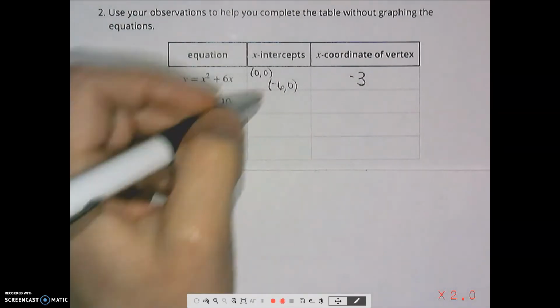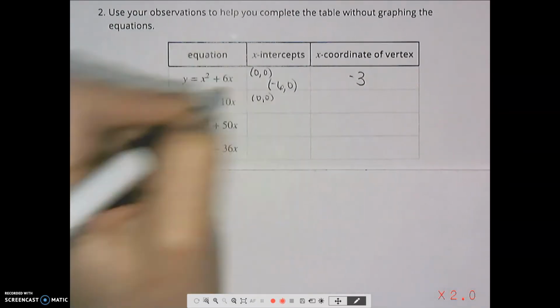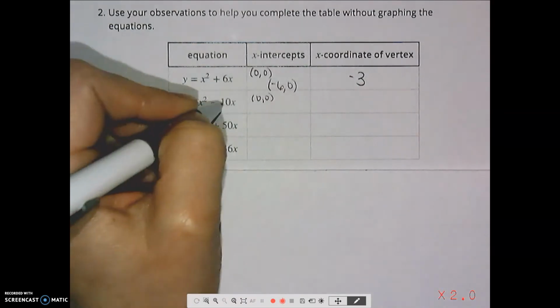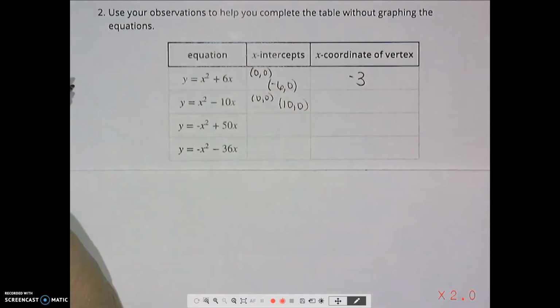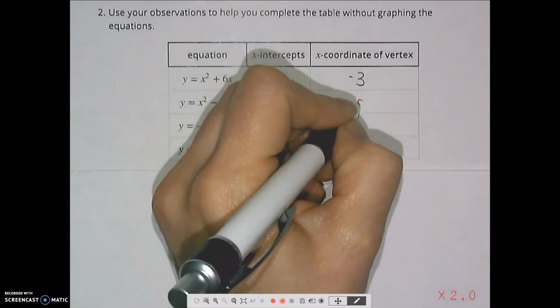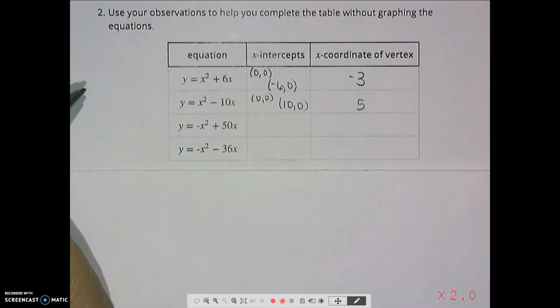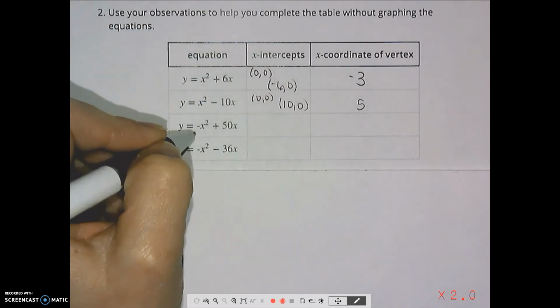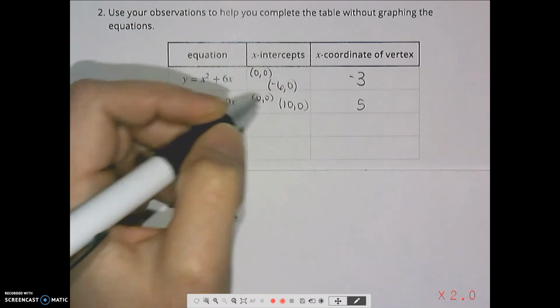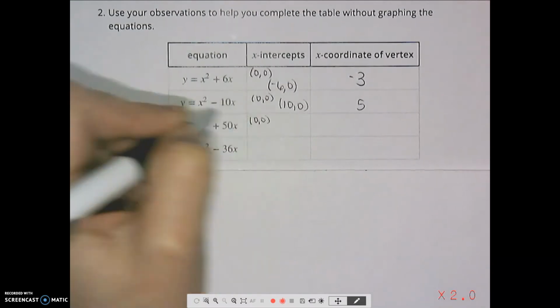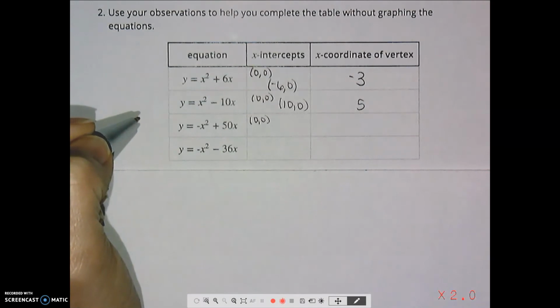X squared minus 10x, again, we're going to have 0, 0 as one of our x-intercepts. Since this is negative 10, our other x-intercept is going to be a positive 10, 0, which means the x-coordinate halfway in between 0 and 10 is 5. Here, now we're going to be careful. This is negative x squared plus 50x, which means we're still going through the origin of 0, 0 because we have no constant term.